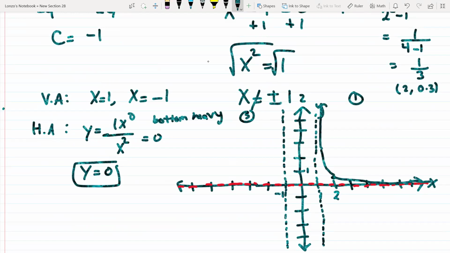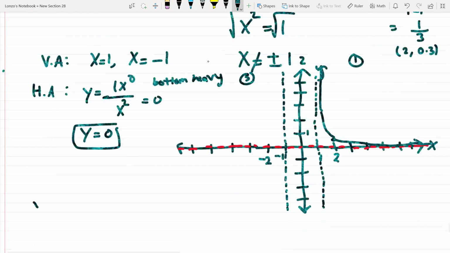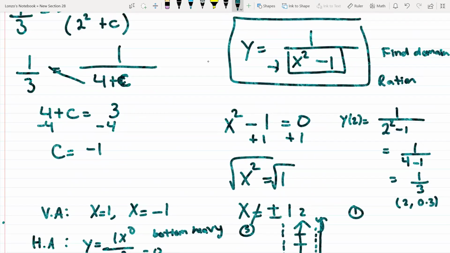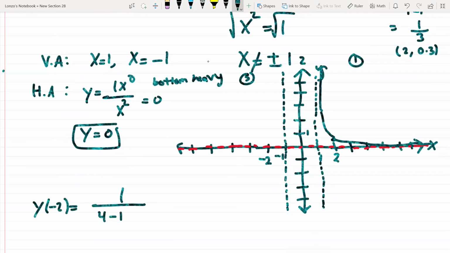Let's do the far left, region 3. I can't use the x value -1, but I definitely can use x value -2. Go ahead and plug that in. So -2 squared is 4 minus 1, which is 1 over 3, which is about 0.3.